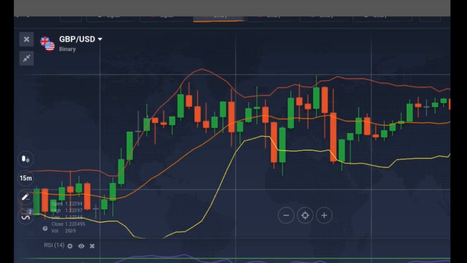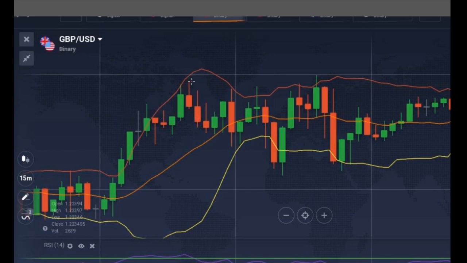You can see clearly the price closed out of the band. Then you want to wait for a retracement back into the Bollinger Band, and then wait for price to move up again above the previous resistance level.